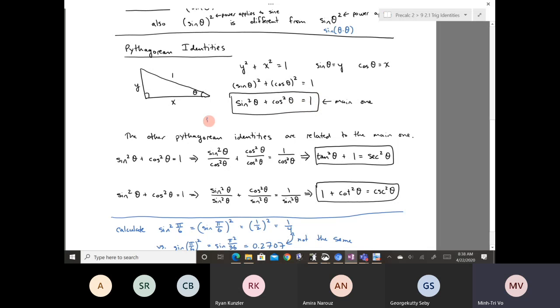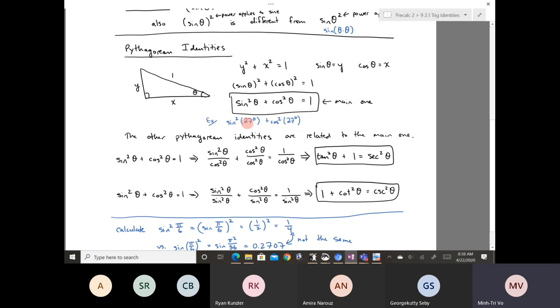So for example, I do sine squared of, let's just choose some random angle, right? So say 27 degrees plus cosine squared 27 degrees, right?